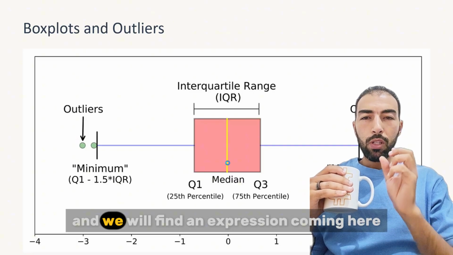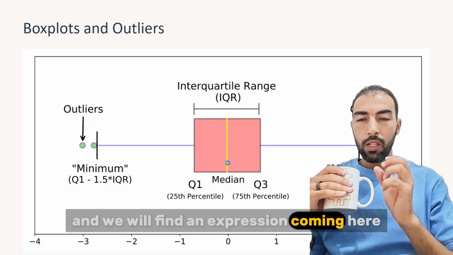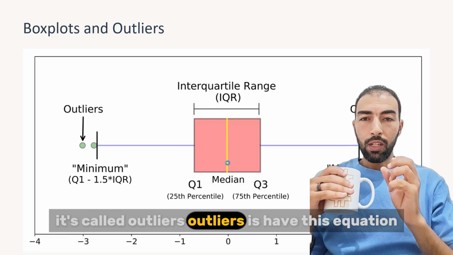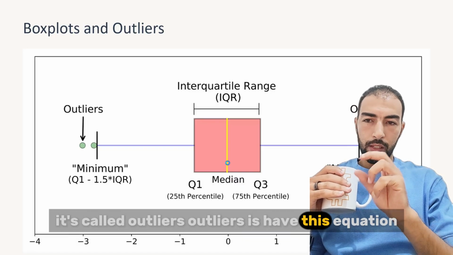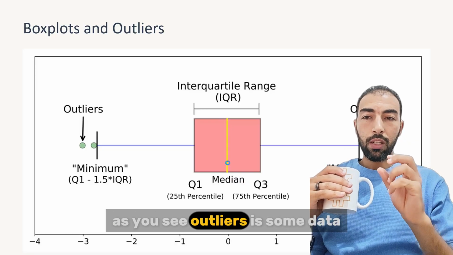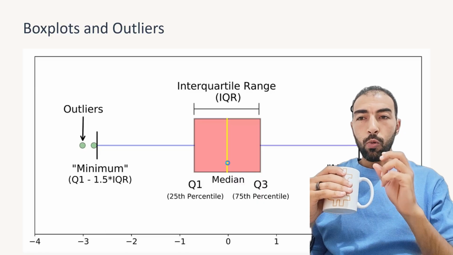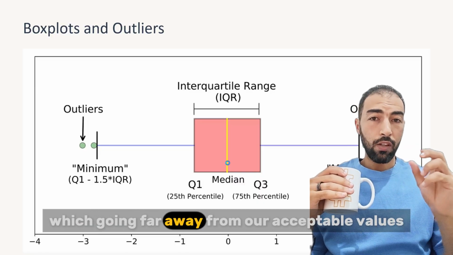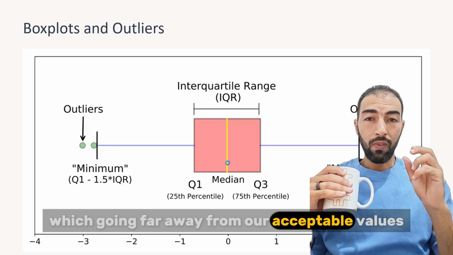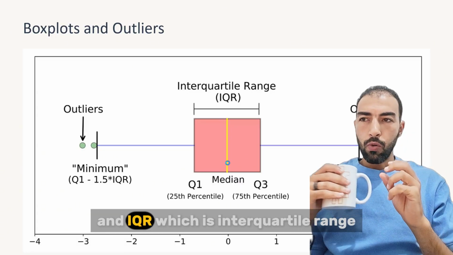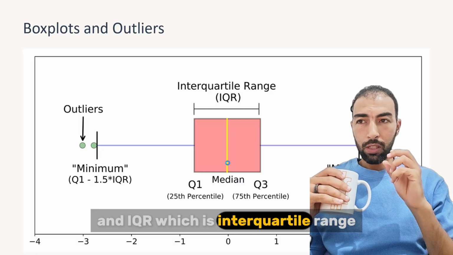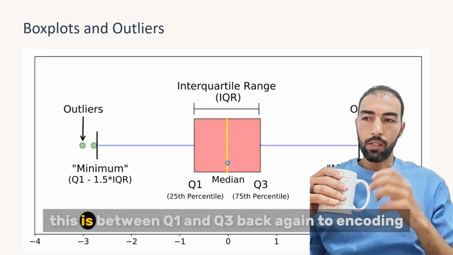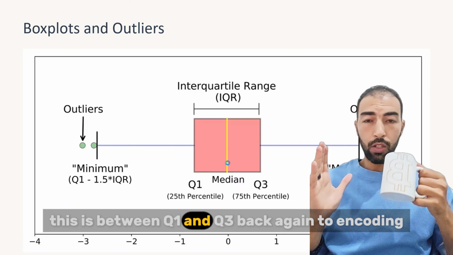And we will find an expression coming here called outliers. Outliers have this equation, as you see. Outliers are data that go far away from our acceptable values. And IQR, which is the interquartile range, is between Q1 and Q3.